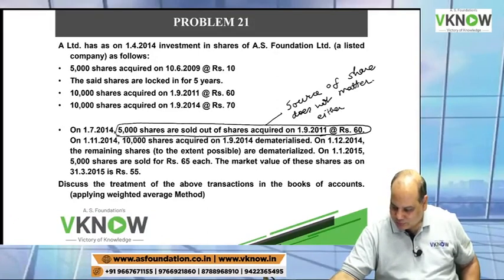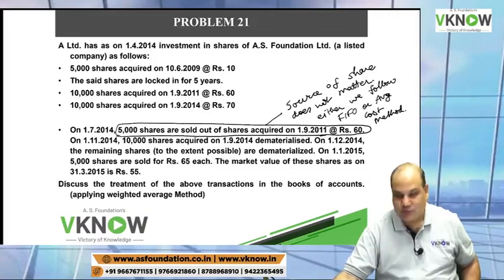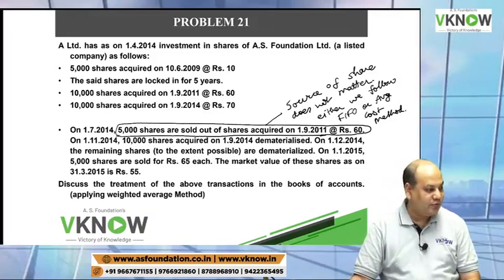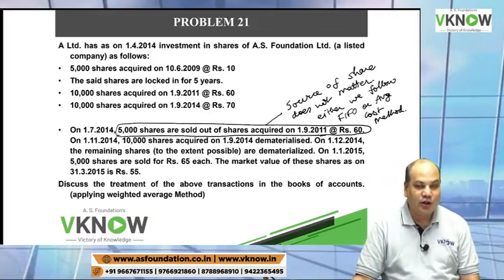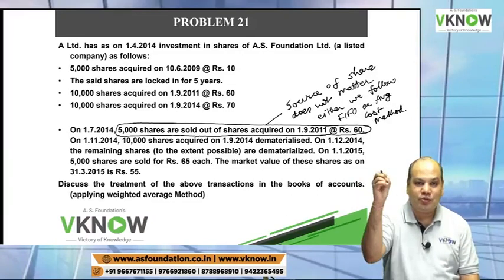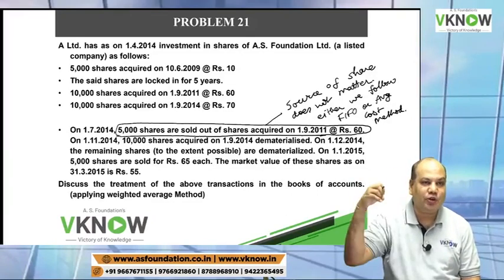Either we follow FIFO method or we follow average cost method. We don't do pick and choose. This is not your departmental store where you choose some item whichever you want to sell.